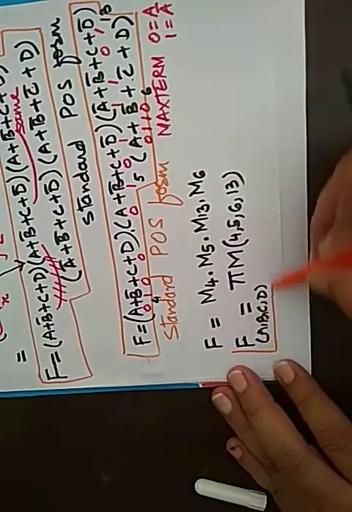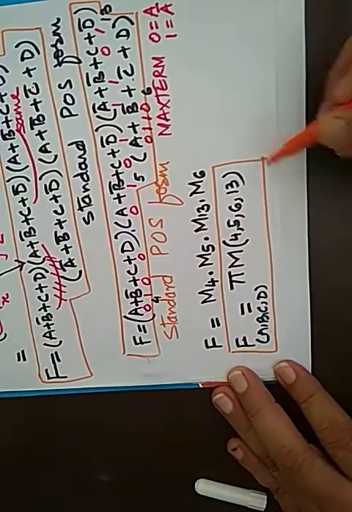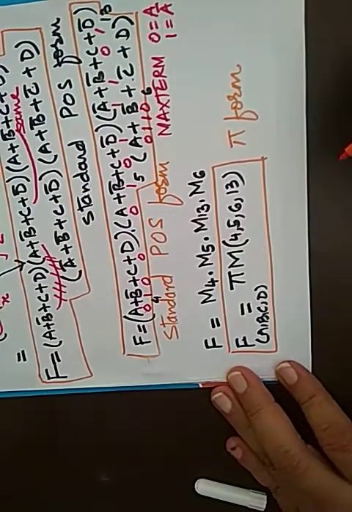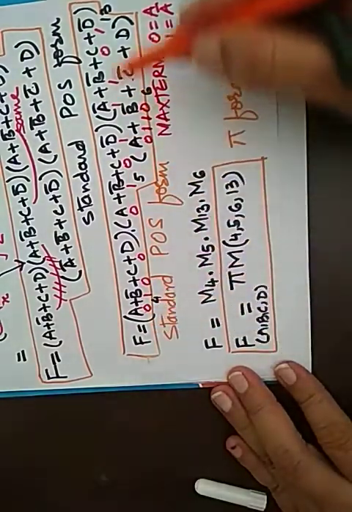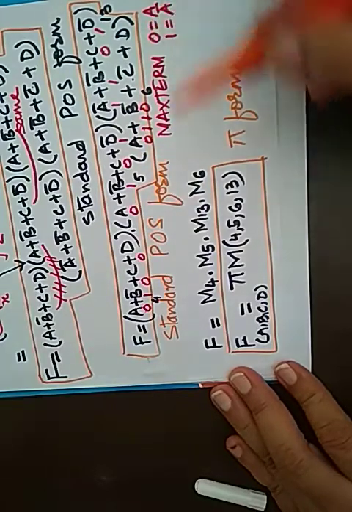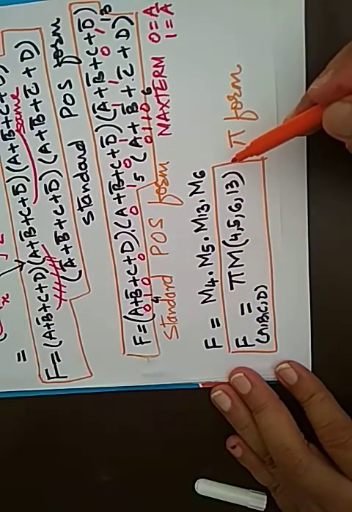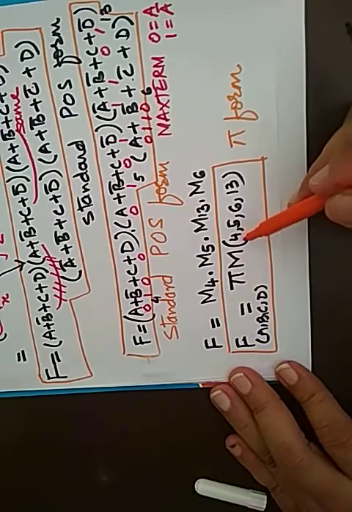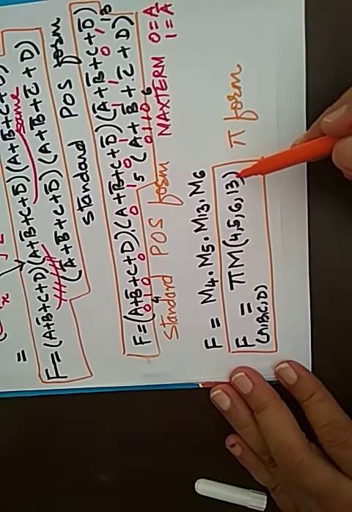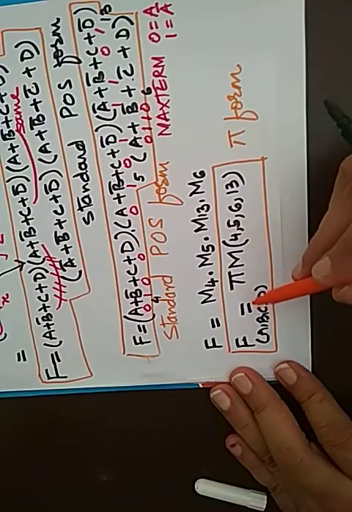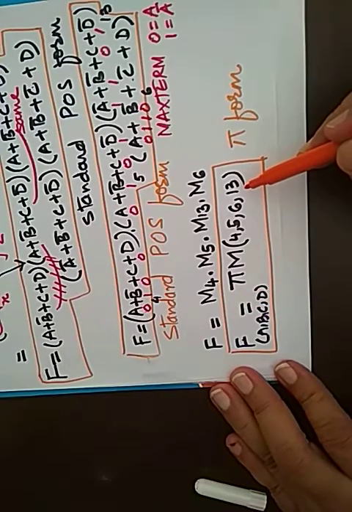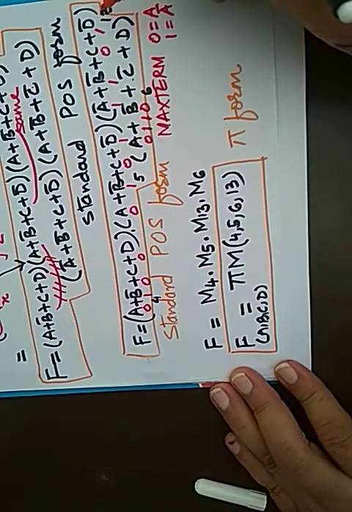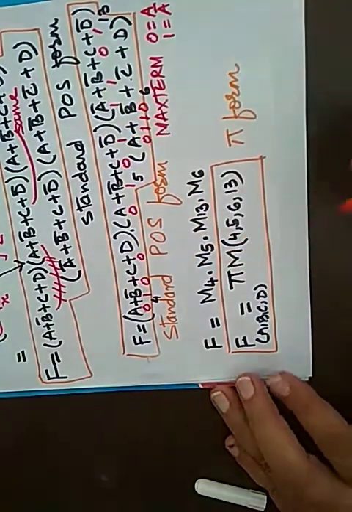So this now represents the pi form. And this big expression can be very easily written in a very small expression form, f is equal to pi m 4, 5, 6, 13. And when it is written in this form, it basically shows that the function is a product of fundamental sums.